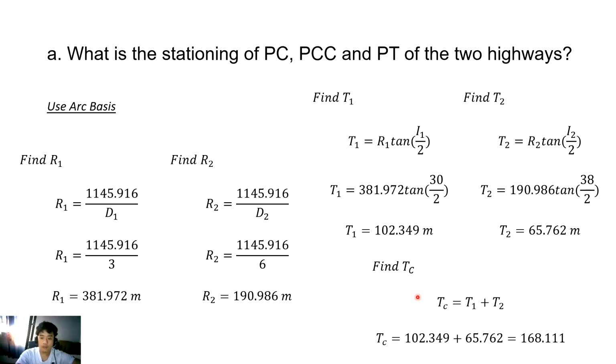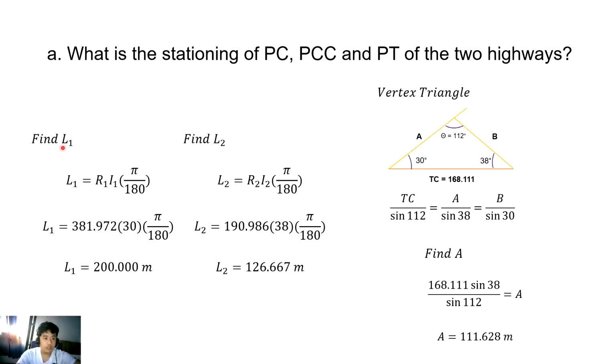Then, para naman makuha natin yung total nila or yung TC, i-add lang natin yung dalawa. So, 102.349 plus 65.762 meters. And makukuha natin yung 168.111.